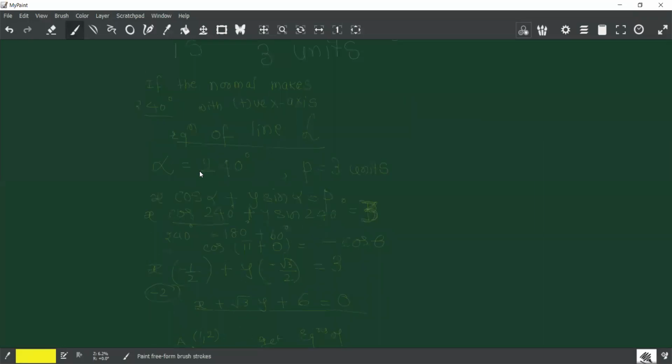Cos of pi plus theta, because it's coming in the third quadrant, cos and sin both are negative. And it is an integral multiple of pi, so cos will remain cos and sin will remain sin. Is that clear to you?